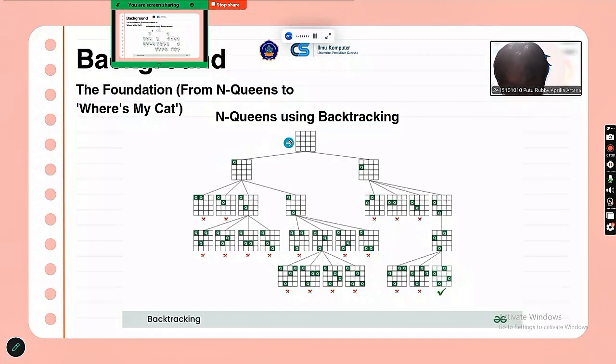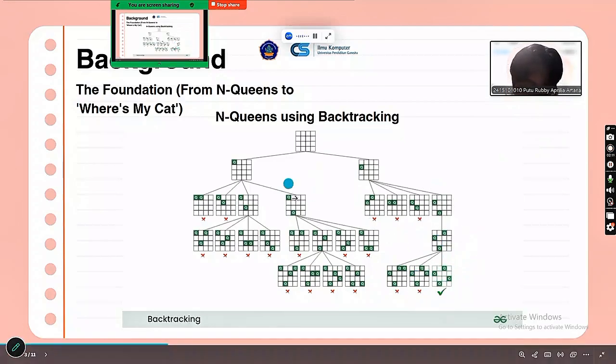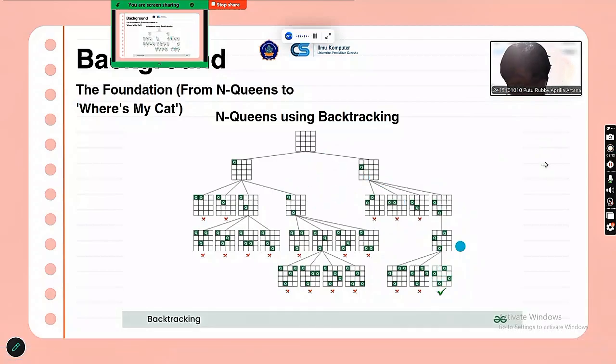If this is the blank chess area, and then we put the first queen here, we can look at the combinations from the second queen until the queens are available for the maximum queens in one area. So this is the solution of this n-queens problem using backtracking.